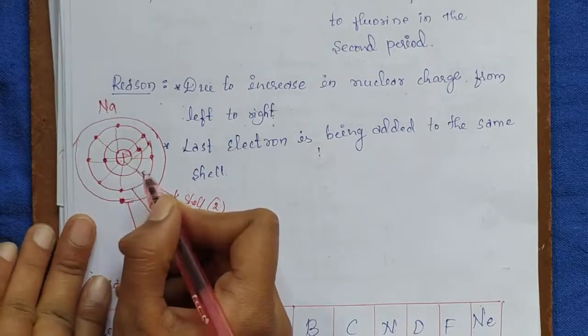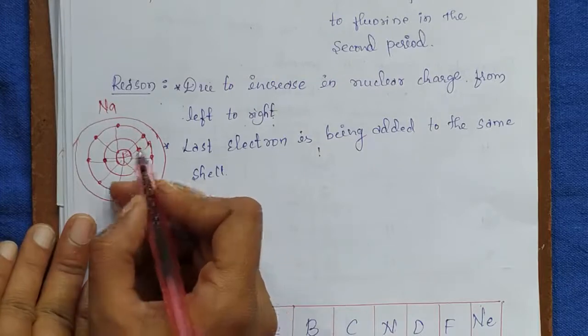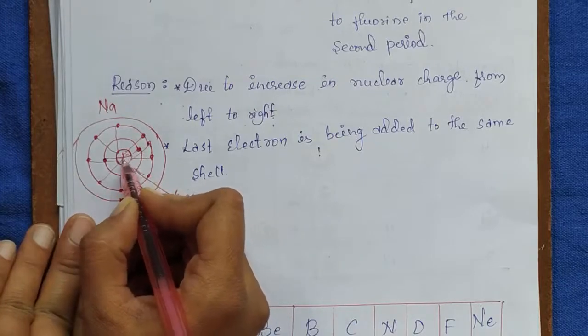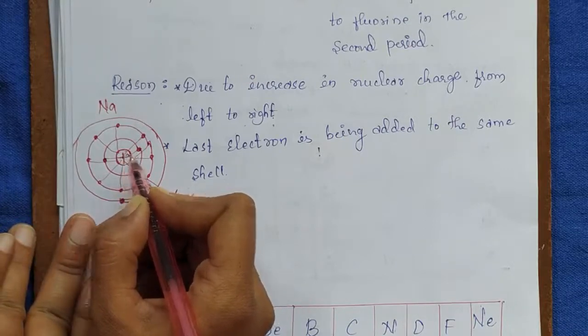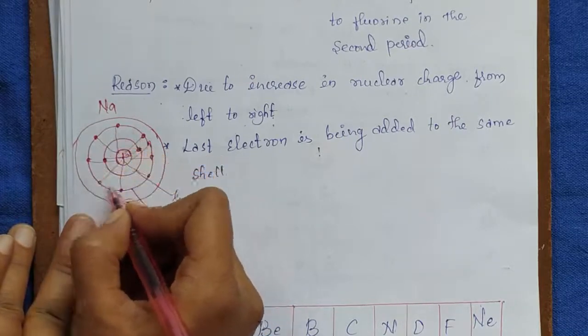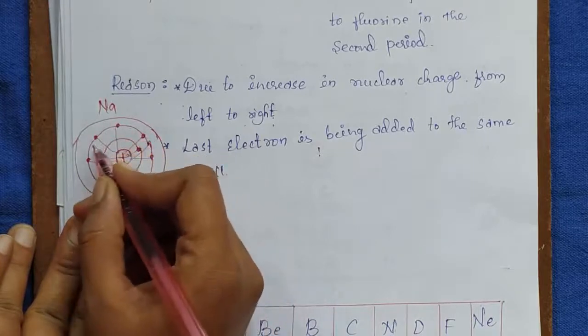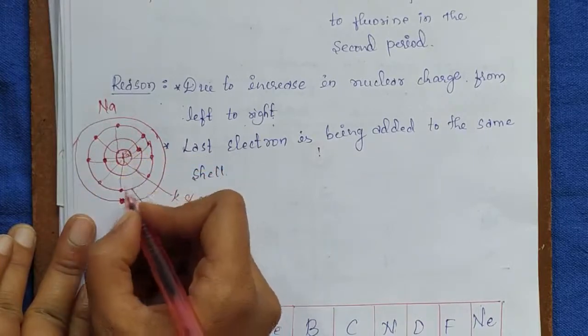Since it is positively charged, the nuclear charge tries to attract all these electrons which are present in the different shells.